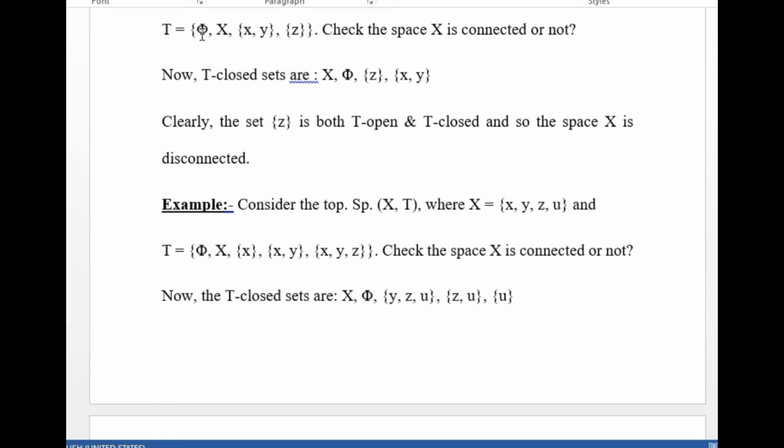So the complement of phi is X, the complement of X is phi, the complement of {x, y} is {z}, the complement of {z} is {x, y}. Okay, look at this, the singleton {z} is a proper non-empty subset of X which is both T open and T closed. So the given space is not connected, it means it is disconnected.